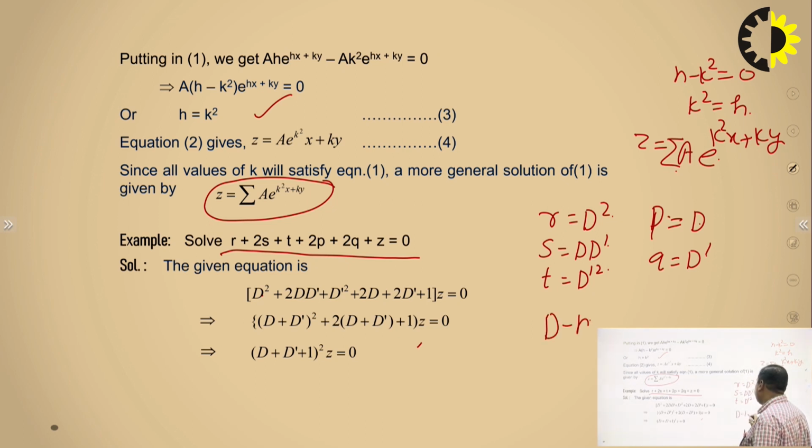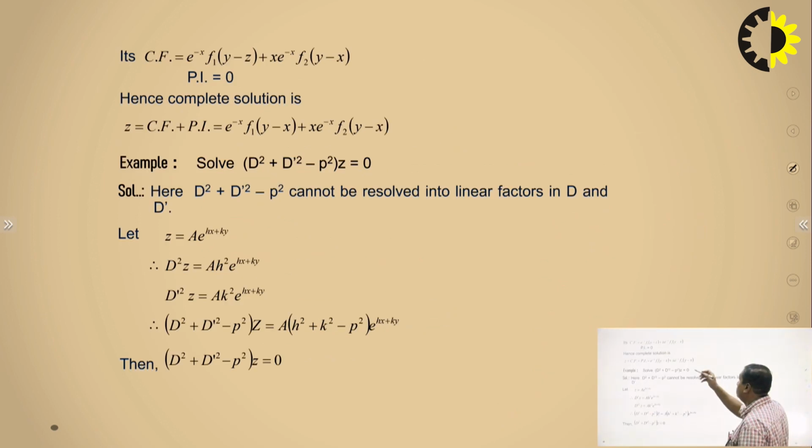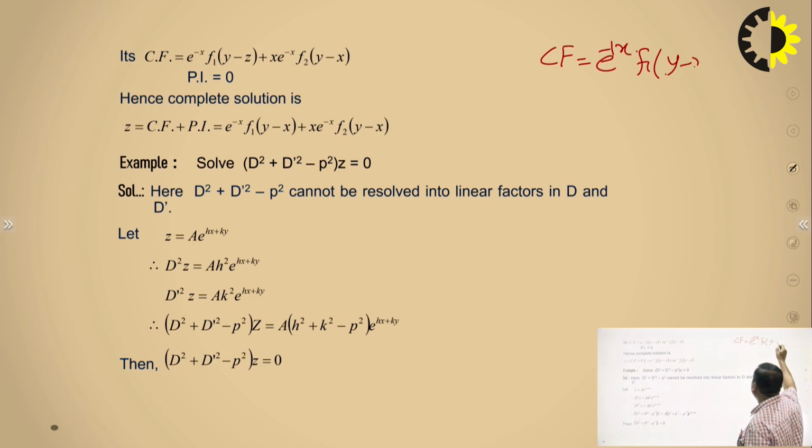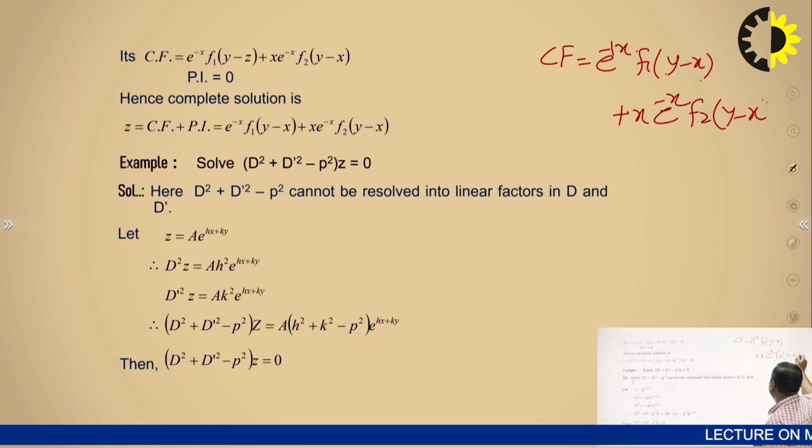Compare with D minus m D dash minus k. Here k is equal to minus 1 and m is equal to minus 1. Therefore, the solution becomes CF is equal to e to the power minus kx, that is, minus 1 into x, f1 of y minus x, plus, since the roots are repeated, x e to the power minus x, f2 of y minus x.